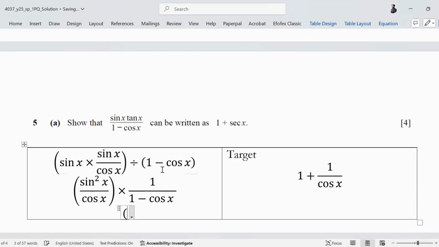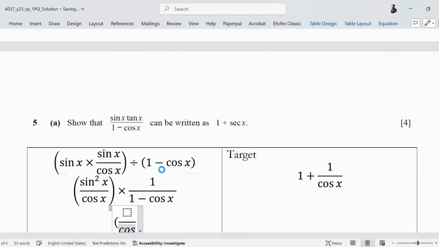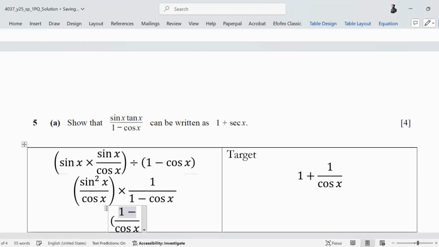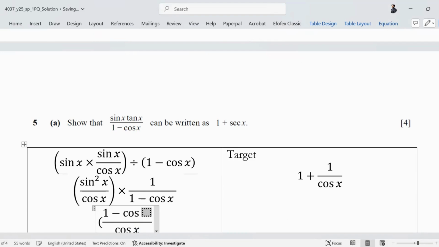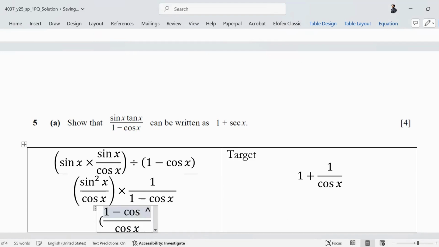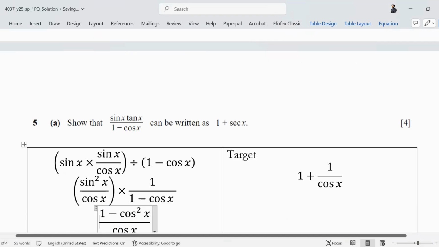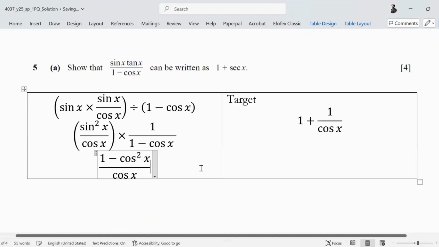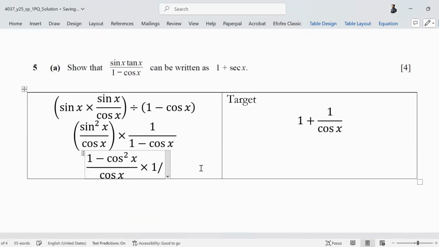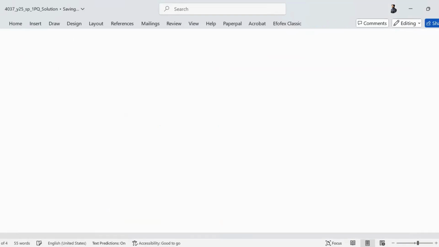Now the sin square x can be written as, because I need everything in cos eventually, 1 minus cos square x. And this is times 1 over 1 minus cos x.